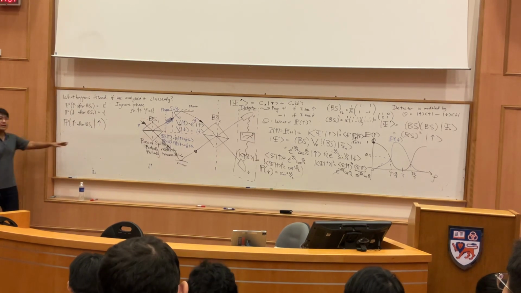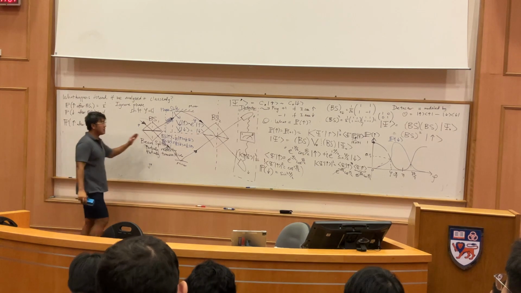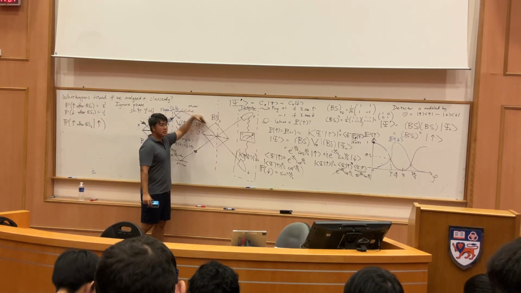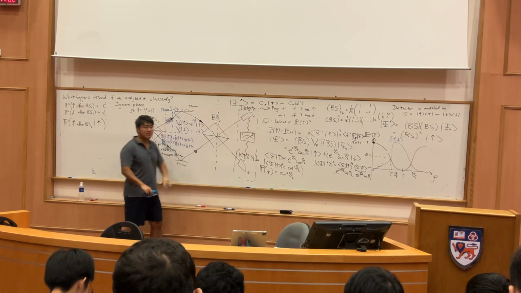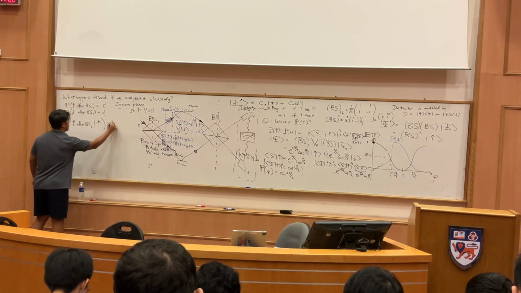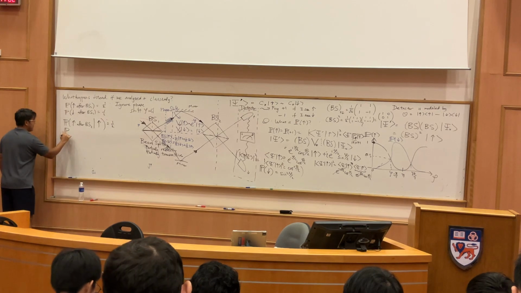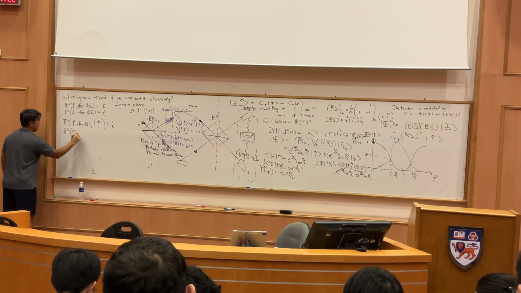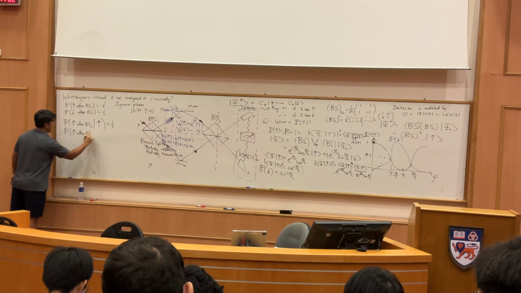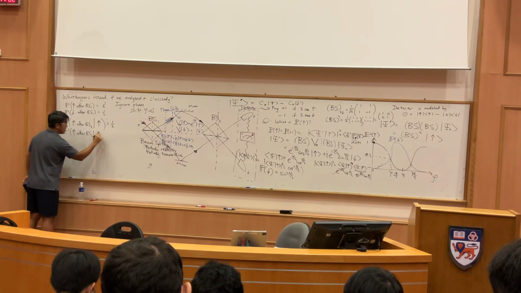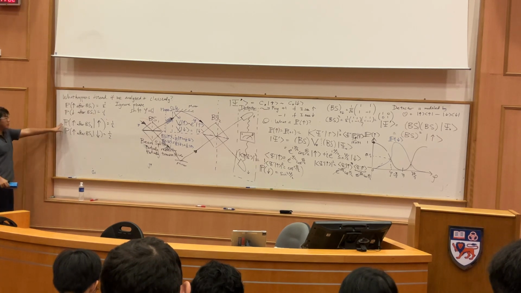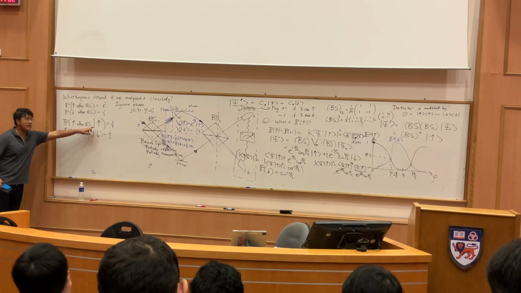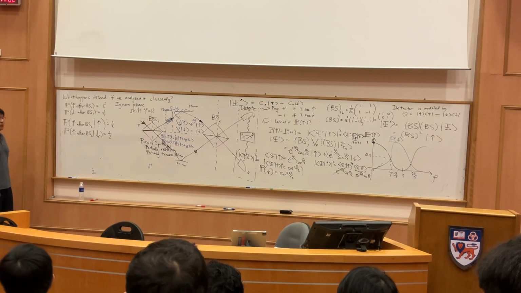I am conditioning on the event that it came from this branch, and if you assume it came from this branch, then there are two possibilities. That's one half. And the probability of up after BS2, given that it came from the down branch, is one half. Similarly, the probability of down after BS2, given that it came from up, is also one half, and so on.